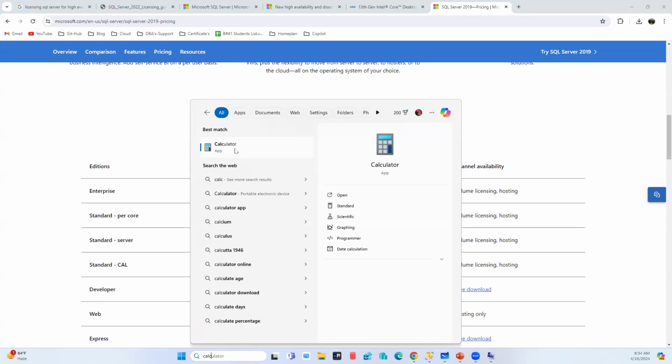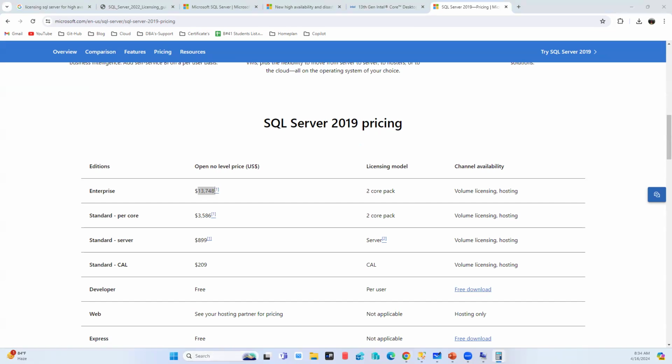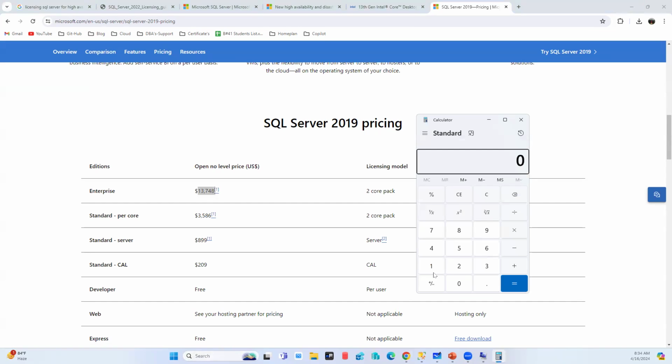If you open the calculator, 13,748 divided by 2 is $6,874. Microsoft is going to charge that per core, one core, sir.